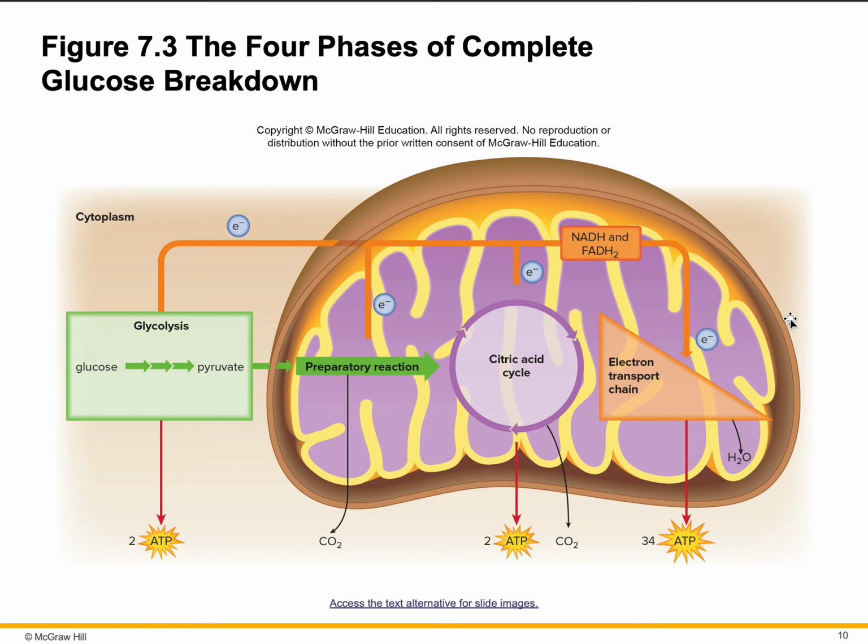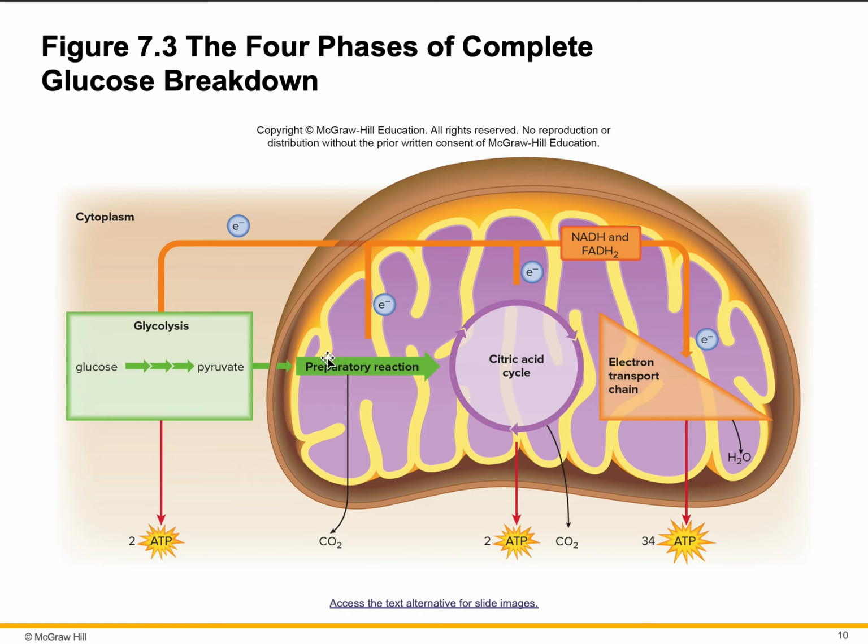This is the mitochondria, and there is one that is not happening in the mitochondria. It's glycolysis. Glycolysis happens in the cytoplasm. It does not happen in the actual mitochondria. The citric acid cycle and the electron transport chain do occur in the mitochondria. So this is a great reference for you to remember that.